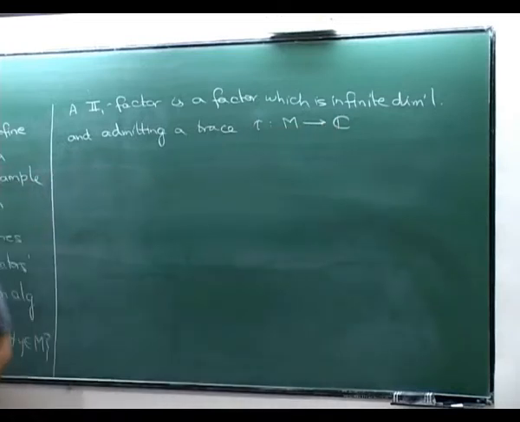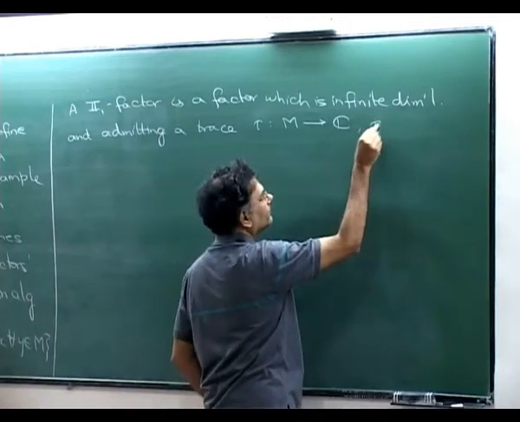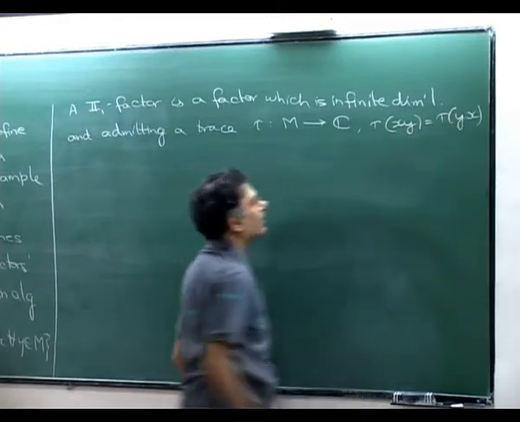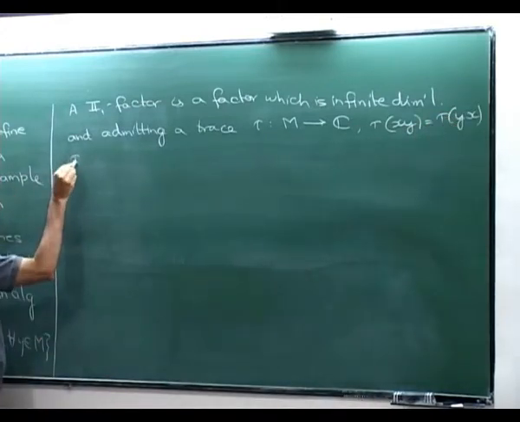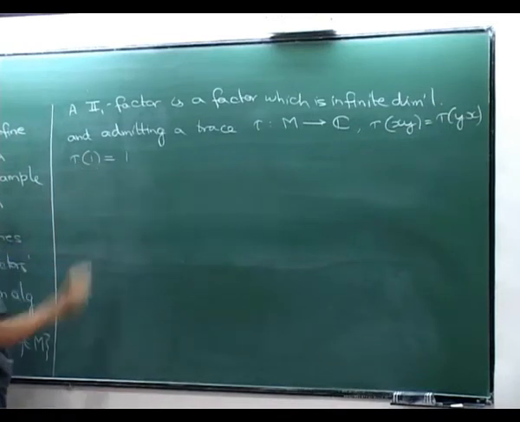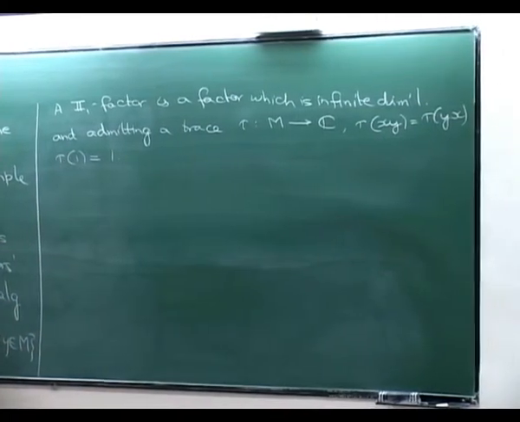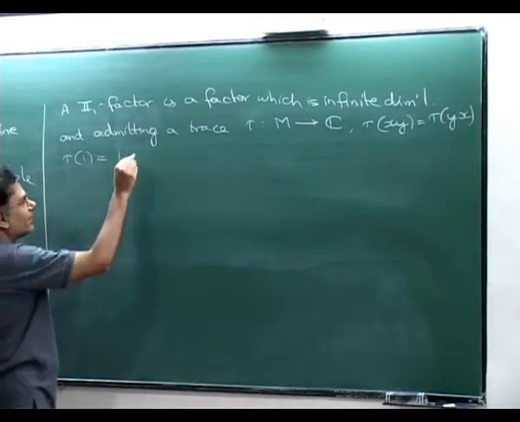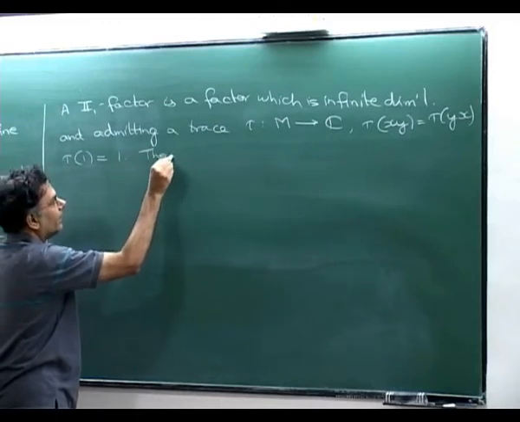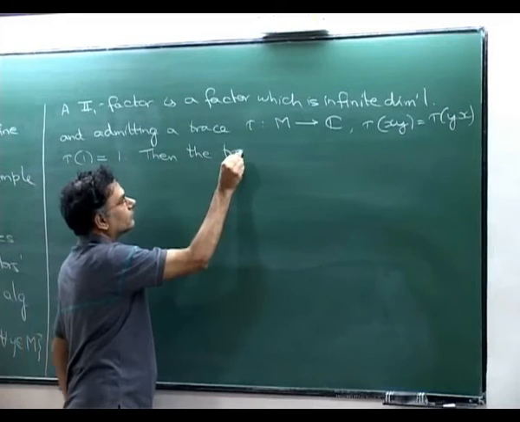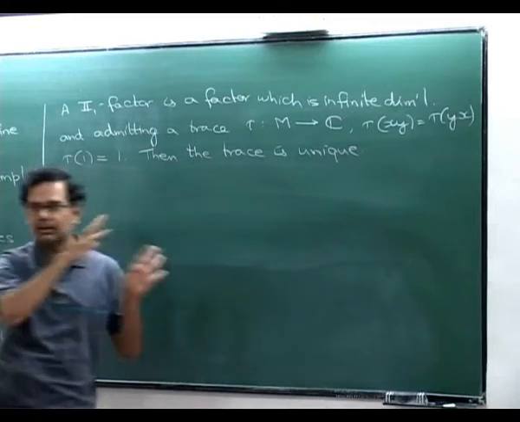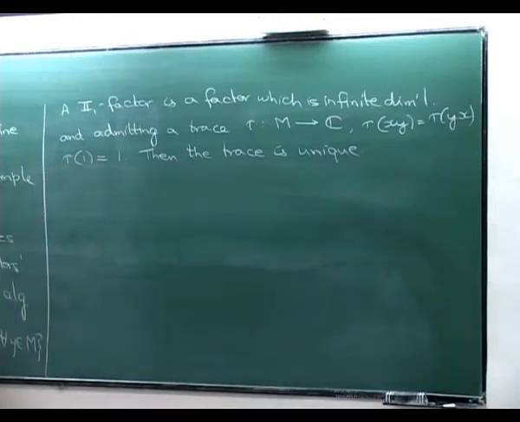So a trace is just a linear functional which satisfies tau of xy equals tau of yx, and say normalized, tau of 1 is 1. So it's an infinite dimensional von Neumann algebra which has no center and which has a trace, and when it does have a trace, then the trace is unique. And has other properties. So this von Neumann algebra comes with a God-given trace.